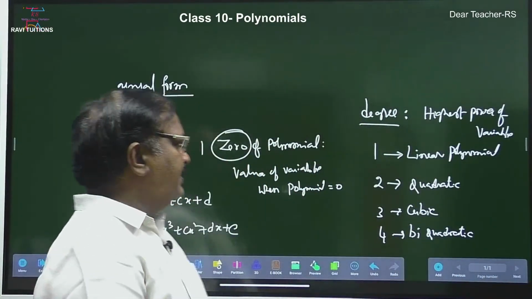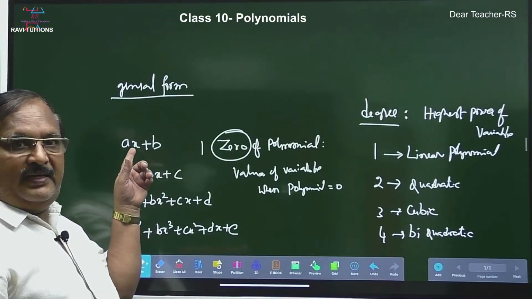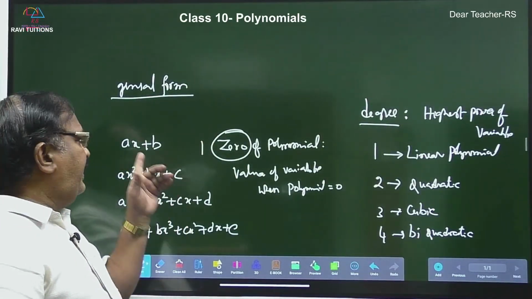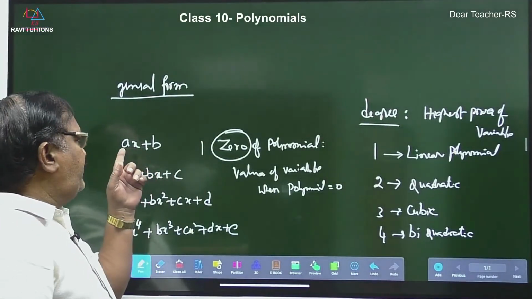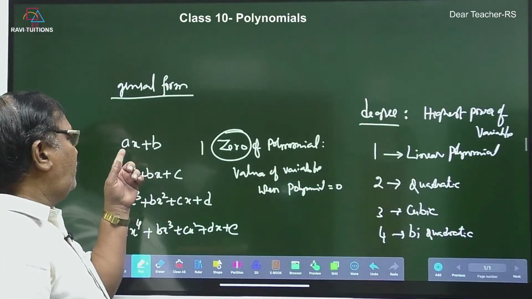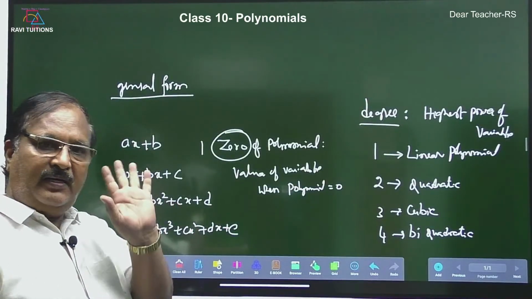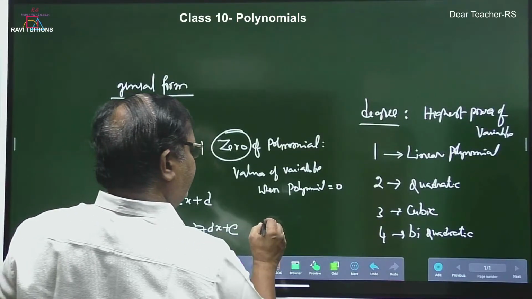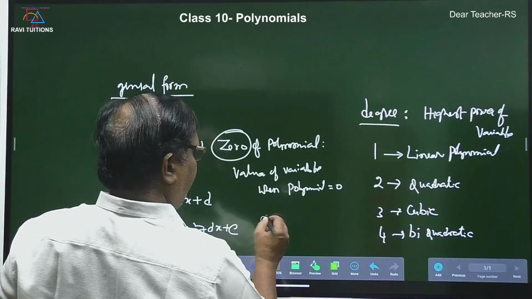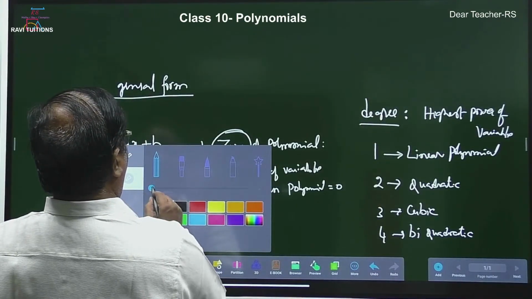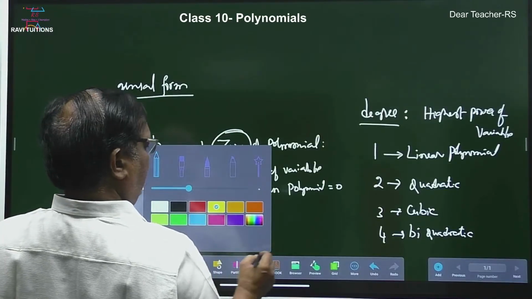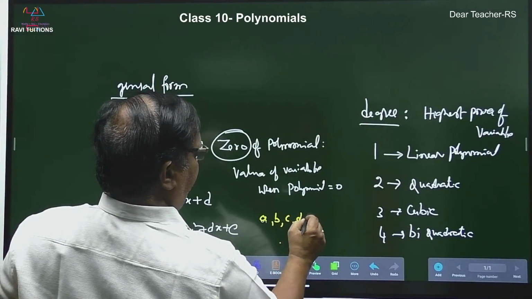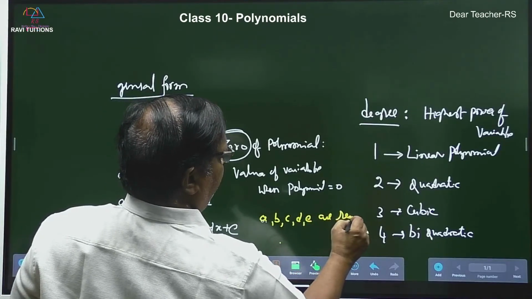In all these, if it is a linear polynomial, the highest power should be 1, so ax should be there. The a, b, c, d, e are coefficients. They are real numbers.